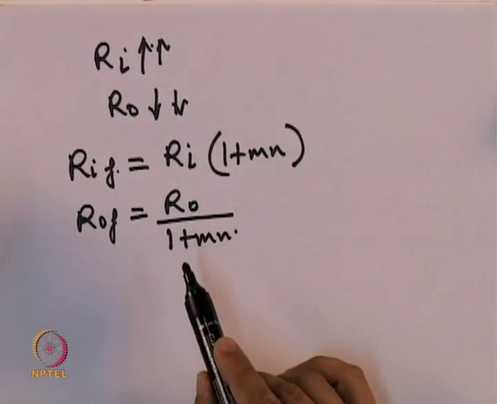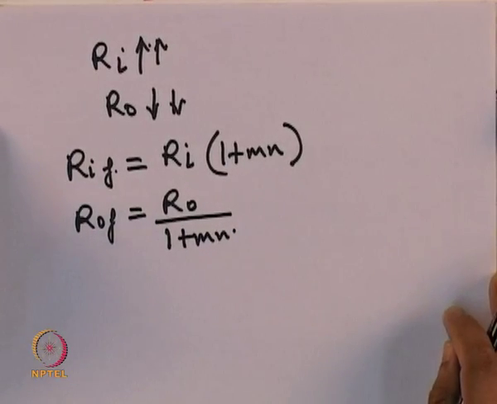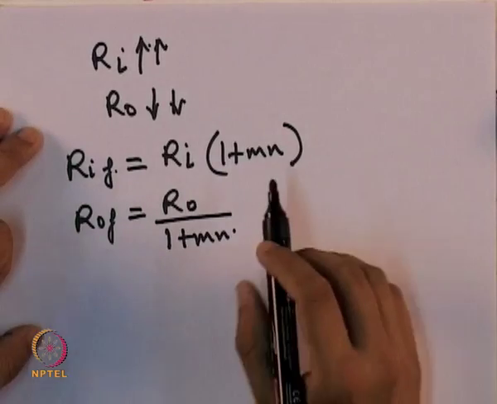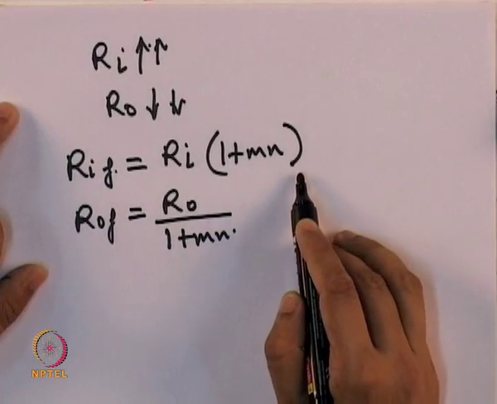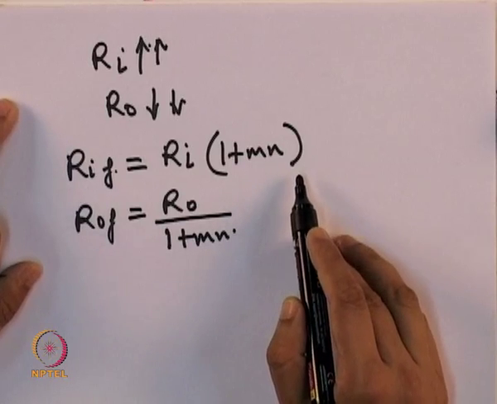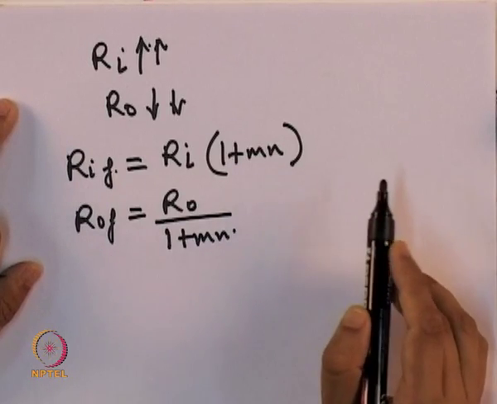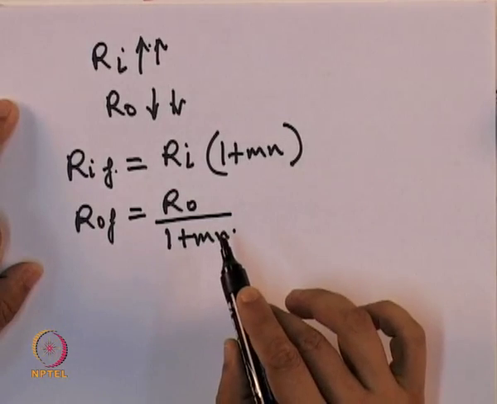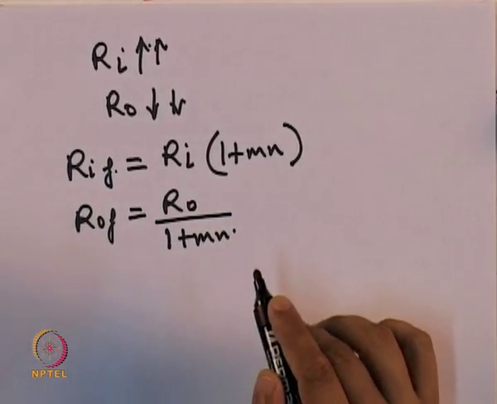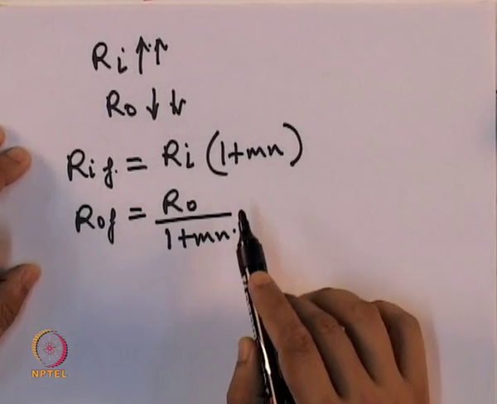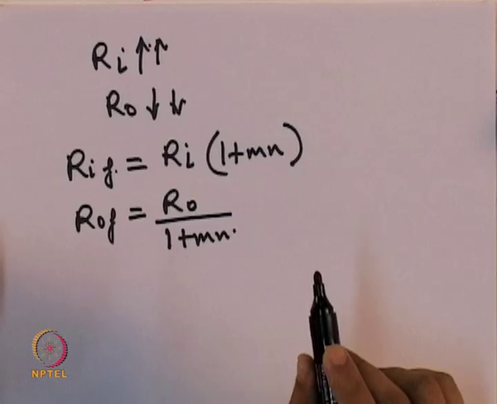Okay. So, this is also one impact of feedback, that for voltage amplifiers where we tap the voltage at the output and feed it back as voltage to the input, the input impedance increases and the output impedance decreases.